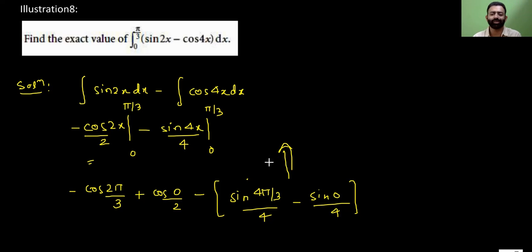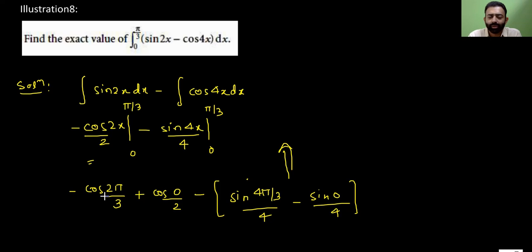Cos 2 pi by 3 can be written as cos pi minus pi by 3, which is minus cos pi by 3. Right, cos pi minus pi by 3 is minus cos pi by 3. Or you can just use your calculator, and I don't know whether the calculator will give you the exact value. My point is that if the question is asking about the exact value, that means you have to show some algebra. Means you need to write the answer in surds form, right?